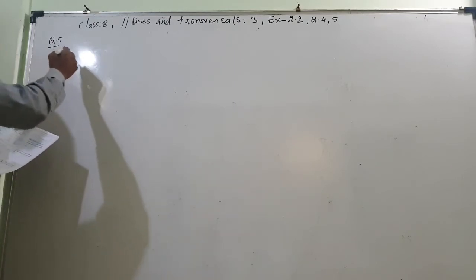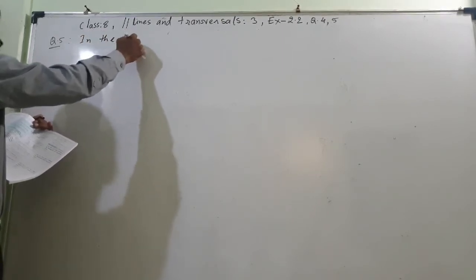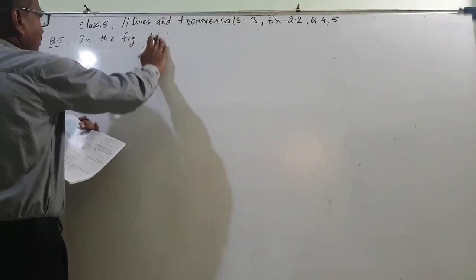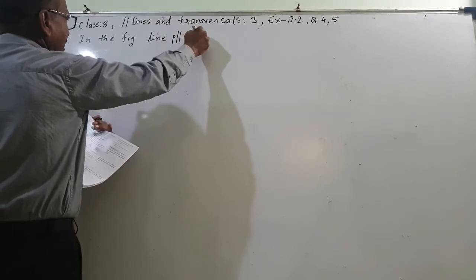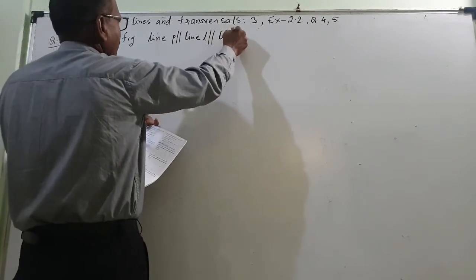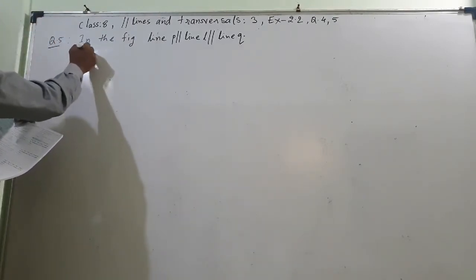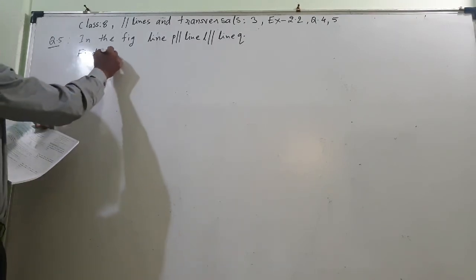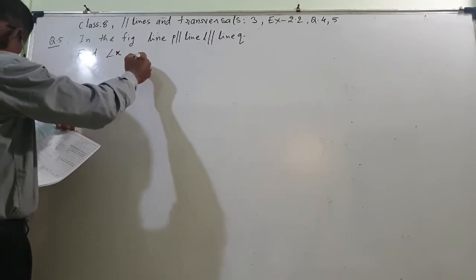In the given figure, line P parallel line L parallel line Q. Find angle X from the figure.